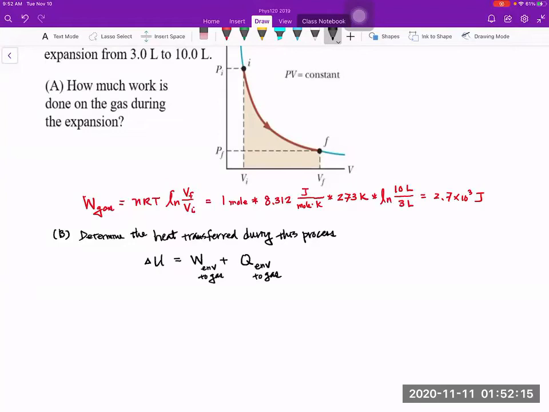This is similar to the situation where you have a pipe like this, and the piston is right over here. And the heat could be like a candle that you light, and it will give heat to the gas. So this is from the environment to the gas.